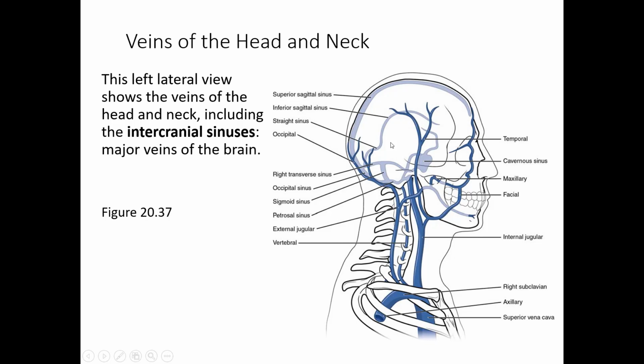Main veins of the head and neck. Important structures which are called venous sinuses, like the superior sagittal sinus or inferior or straight sinus, cavernous sinus. All those intracranial sinuses collect blood from the brain, and that blood is carried through the internal jugular vein to the superior vena cava.